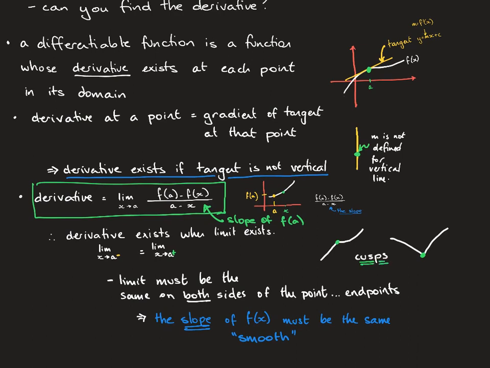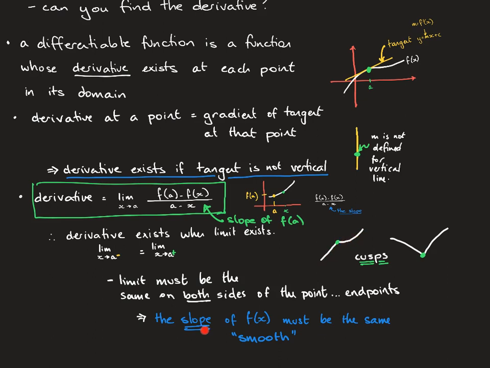Now, for the limit to exist, the limit must be the same on both sides of that point, which has implications for endpoints. We'll talk about those in a minute. If the limit must be the same on both sides, then the slope must be the same on both sides of that point.